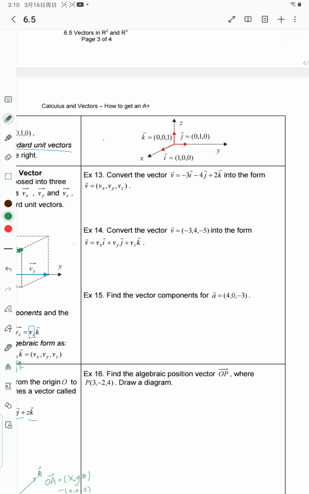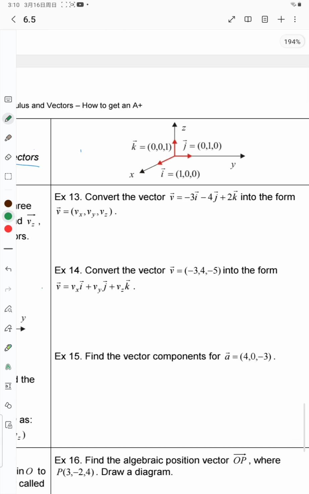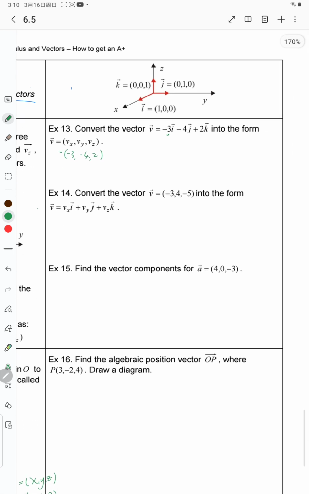So convert the vector into, yeah, provided the ijk definition exists, we can write it out as -3, -4, 2.